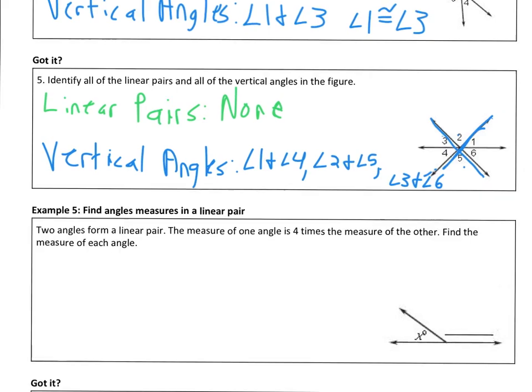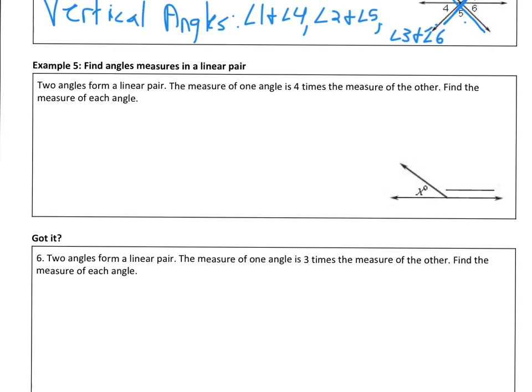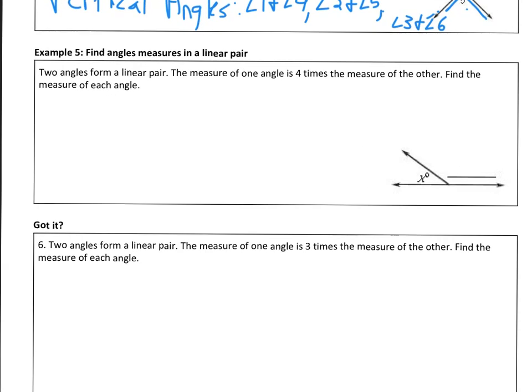Okay, so moving ahead, last example. We look at this example. It says two angles form a linear pair. The measure of one angle is 4 times the measure of the other. So finding the measure of each angle. Some information that we know: one angle is 4 times the measure of the other, and they're a linear pair.